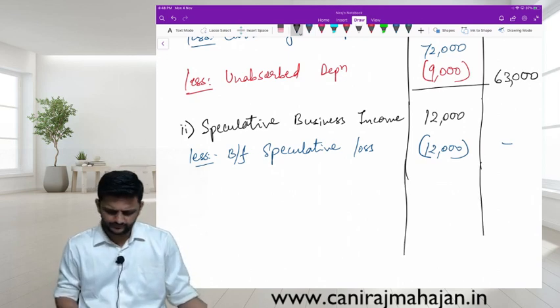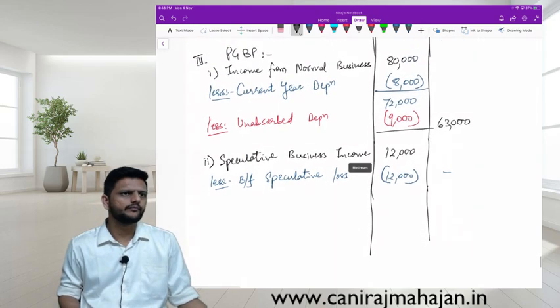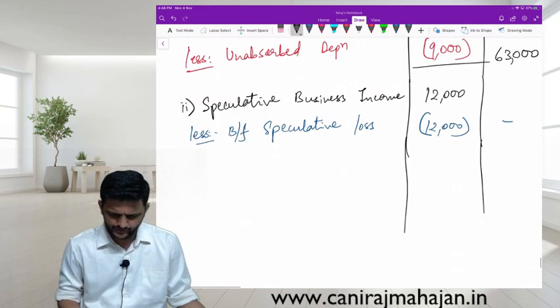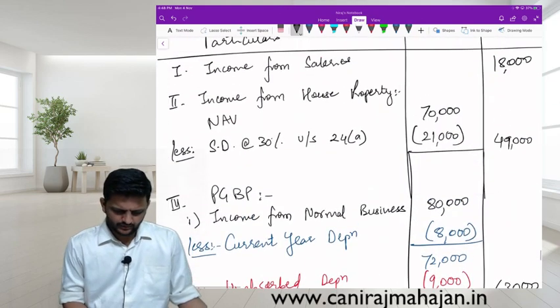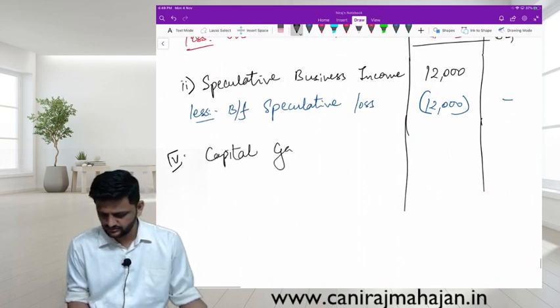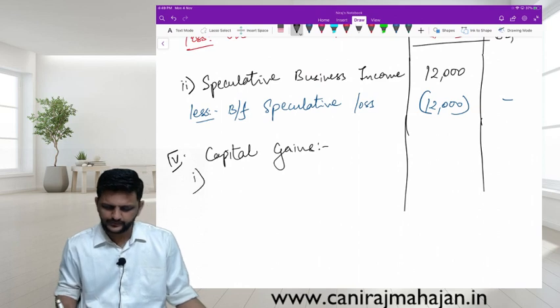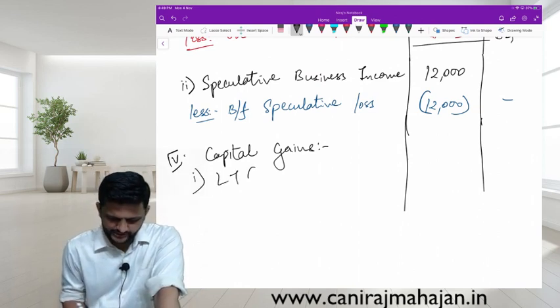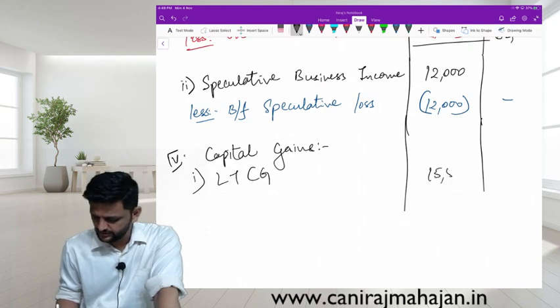Another head of income we have: capital gains. Fourth head of income, capital gains. Under that, what do we have? LTCG on sale of land, 15,800.